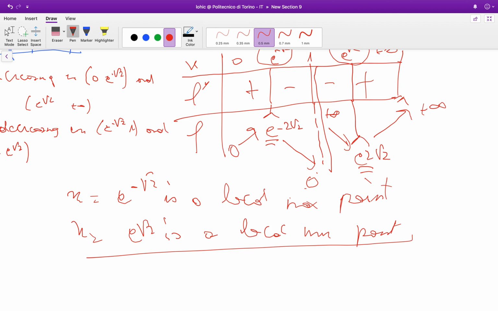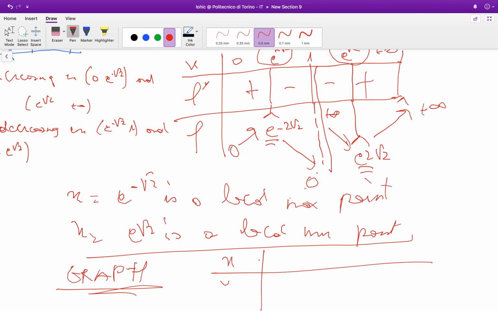To draw the graph, I first do the table that we used to do before drawing the graph. So now I repeat that I need to do the graph. To draw the graph, I need to draw the table in which for each x I put the corresponding y.